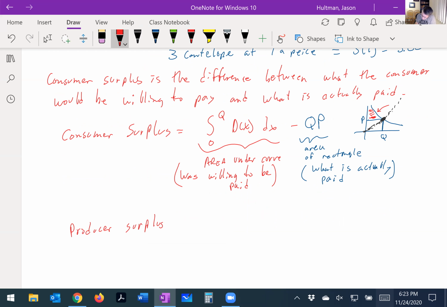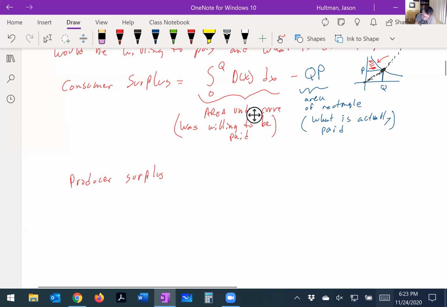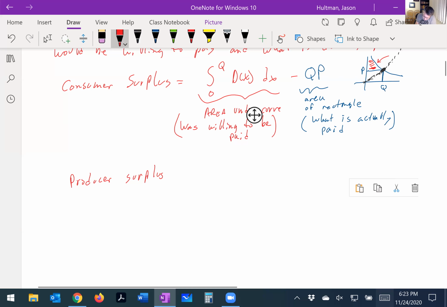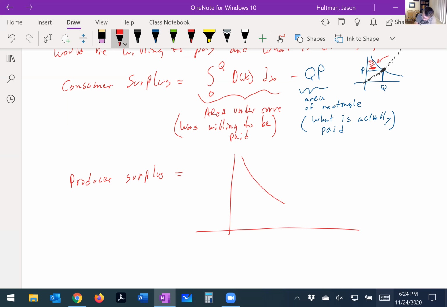We're going to still look at the same scenario, and I'm gonna draw the graph here. Okay, so we have our demand curve looking like that. We have our supply curve looking like that. So this is S of X. This is D of X.